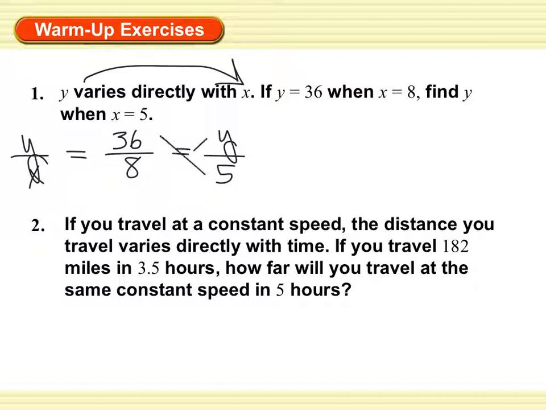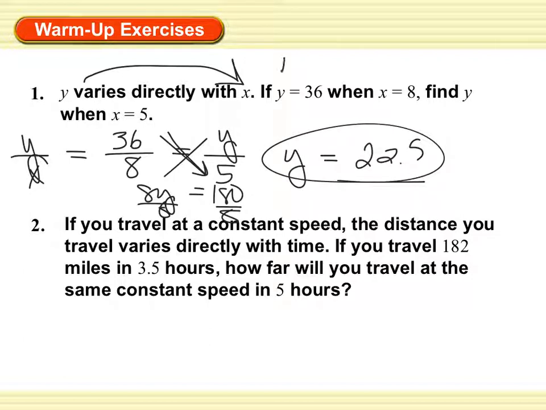For these, I just multiply down, and I need my calculator. 36 times 5, if I multiply down, I get 180 equals 8y. Then I divide both sides by 8, and I can say that y is 22.5. Okay, these are just ratios.